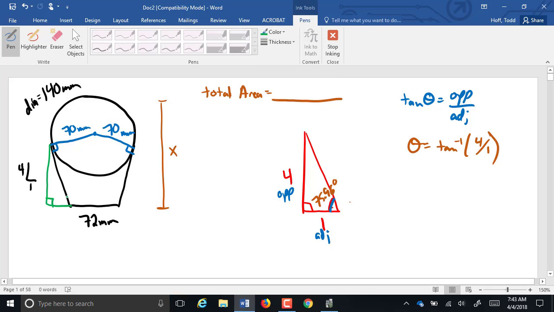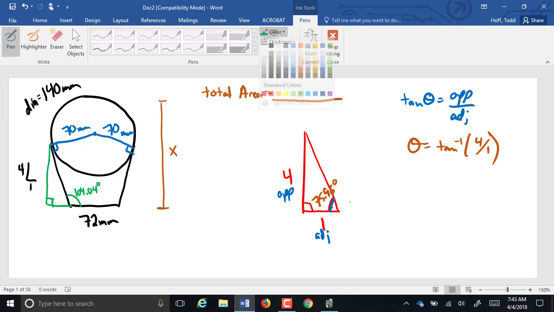Which means this angle here is 104.04, perfect. Well, now what?